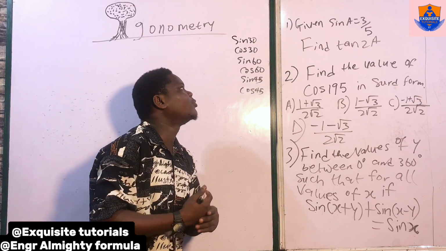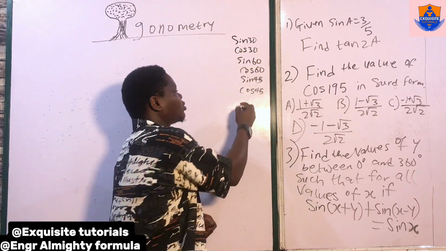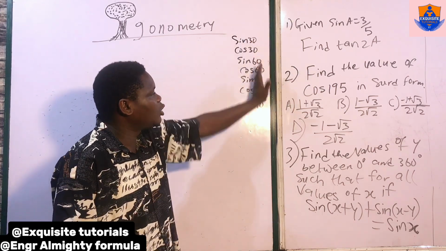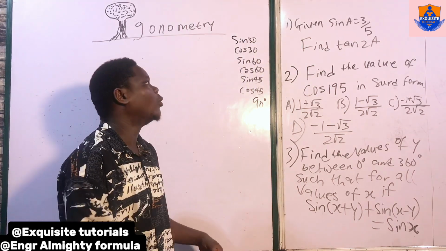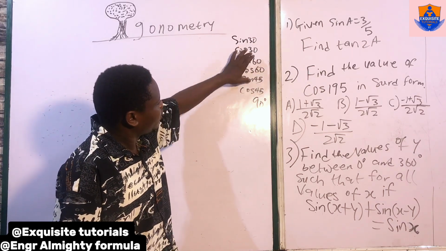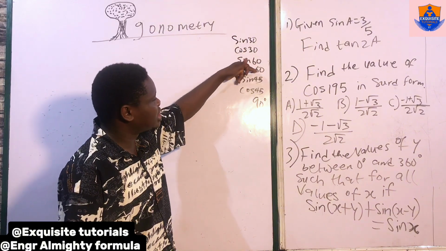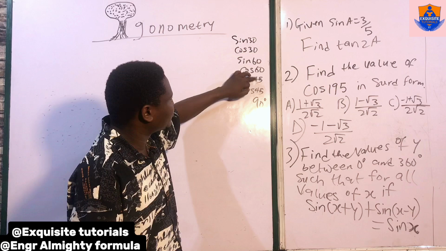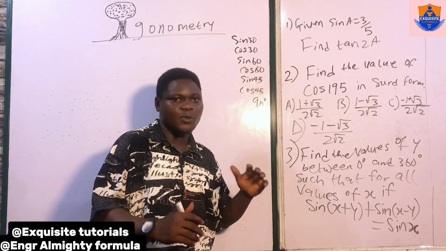Any angle that can be formed from these angles, let me add 90 degree to it, is called a special angle. For example, 15 degree. I can get 15 degree from 45 minus 30, or 60 minus 45. So 15 degrees is a special angle. Also, 45 plus 30 is 75, so it's a special angle.